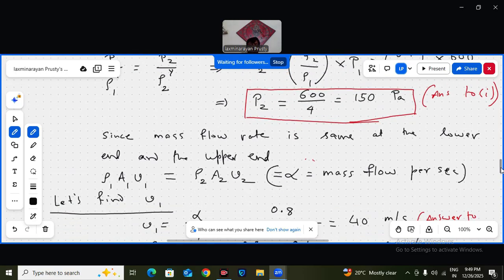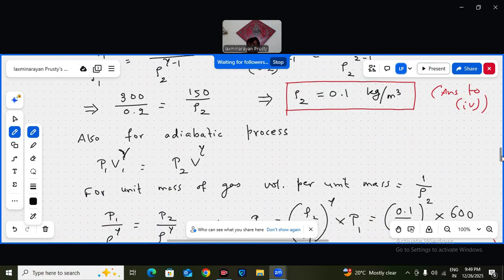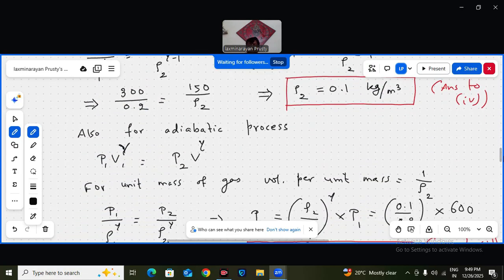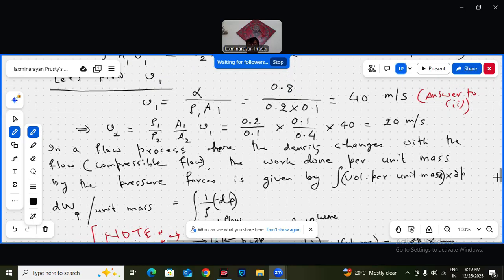Now only one answer remains, that is to find the height. In a flow process where the density changes with the flow, we call it compressible flow.